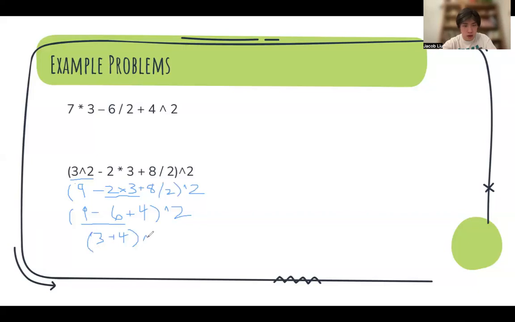Then again, we still need to keep doing the things inside of the parentheses. And then when you get to one number, you don't have to write parentheses anymore. Right? So 7 squared is equal to 49.